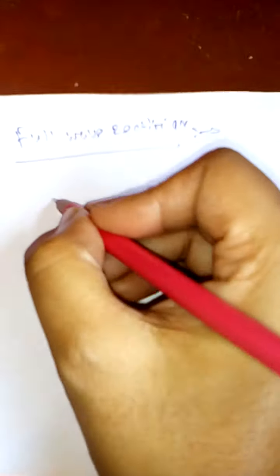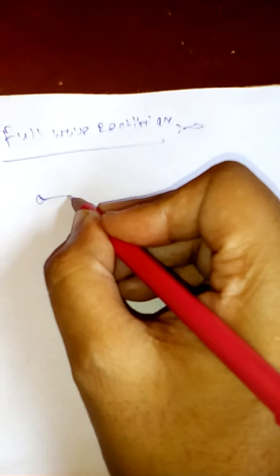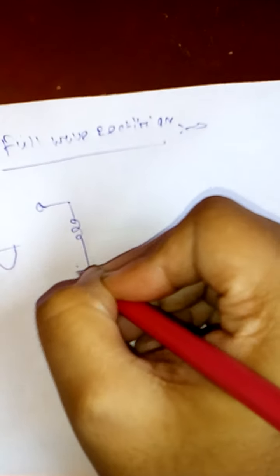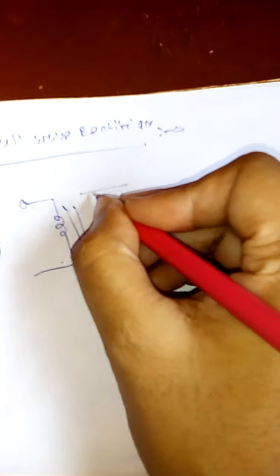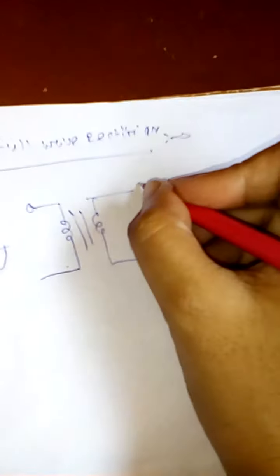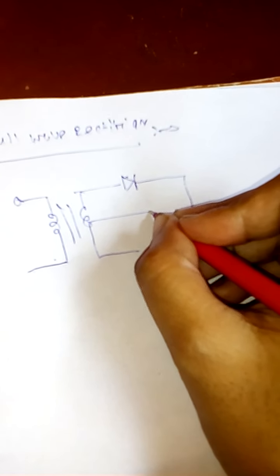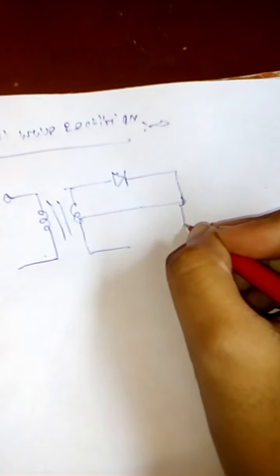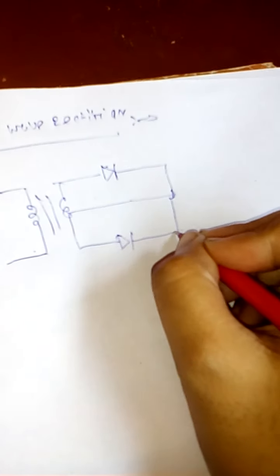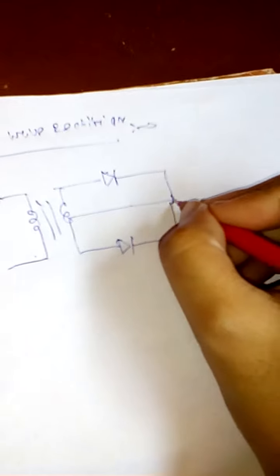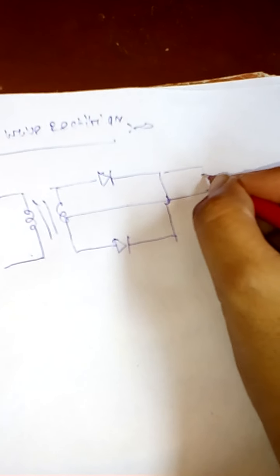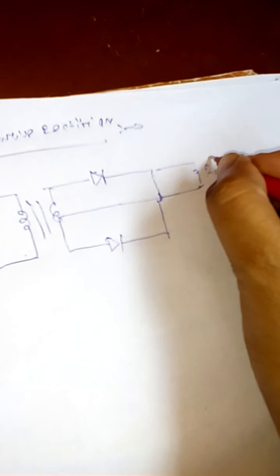If we take the center tap rectifier, then this is the input voltage, here is a diode, then it is connected here, and here we take the RL.